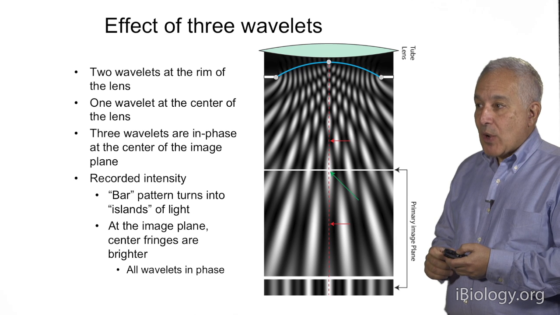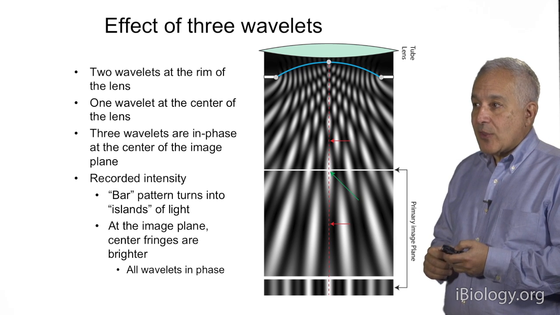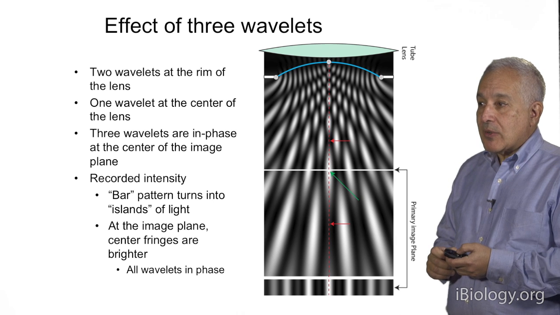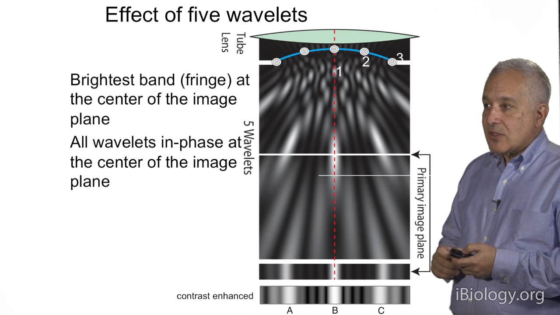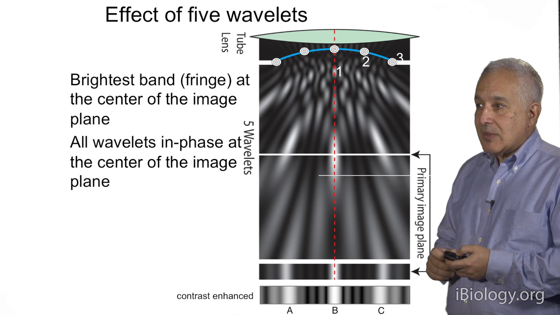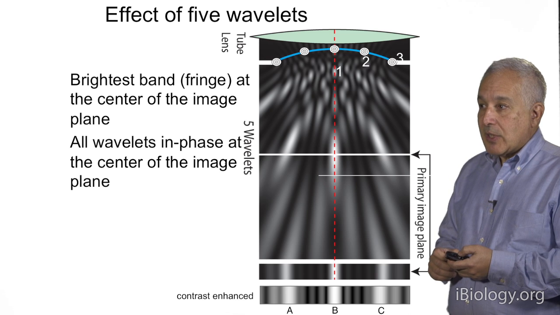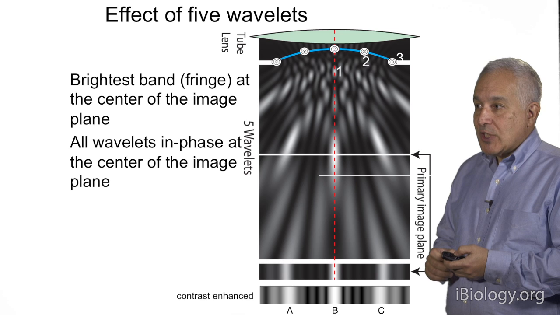And the brightest light is there because the interference pattern is strongest, because you've got all three wavelets in phase there better than anywhere else. If we look at 5 wavelets, just add 2 more besides the 3 that I've already talked about. Again, the brightest fringe is at the center of the image plane because that is the one place that all 5 are mutually coherent.